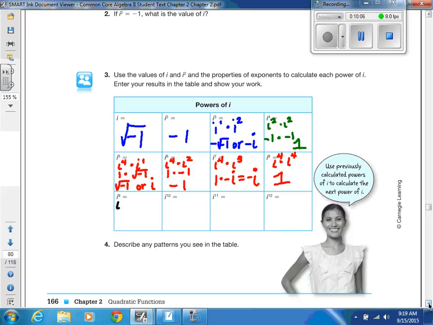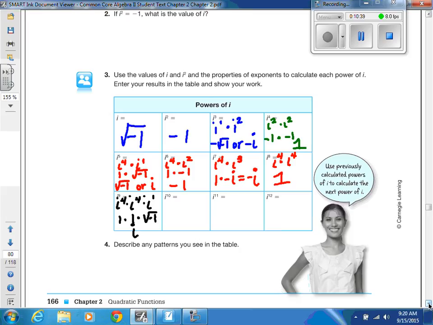So let's go with i to the ninth, a 4 and a 1. What is this going to equal? 1. This is 1. That's 1. This is the square root of negative 1. So that one equals i.